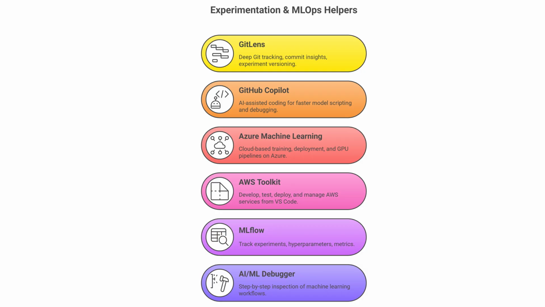AWS Toolkit provides built-in tools to develop, test, deploy and manage AWS services directly from VS Code. MLflow: track experiments, hyperparameters, metrics. AI/ML Debugger enables step-by-step inspection and debugging of machine learning workflows, including tensors, model states, and training variables inside VS Code.